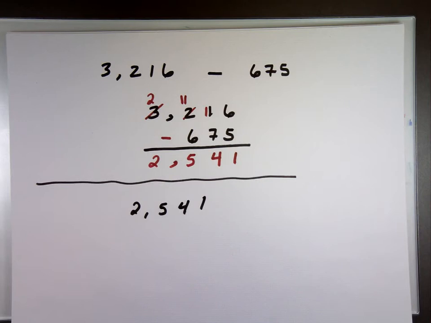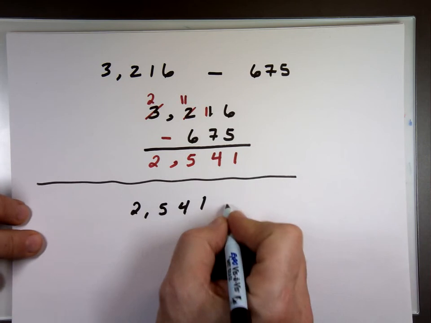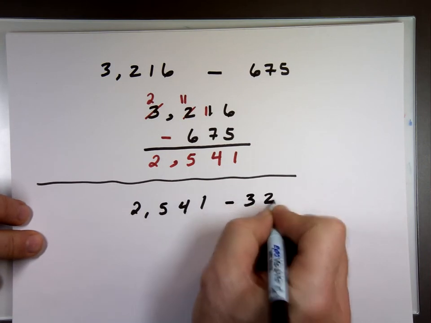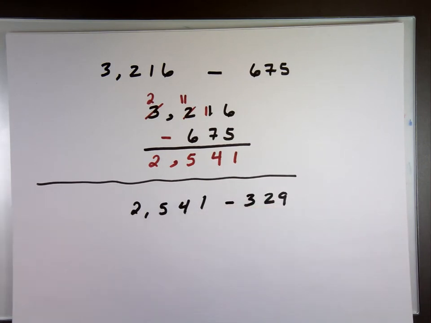You go, I forgot, I got to pay the utility. I got to pay my $329 car loan. So let's subtract that.